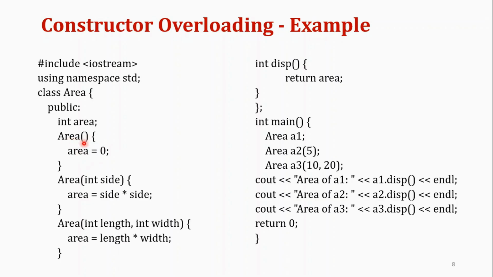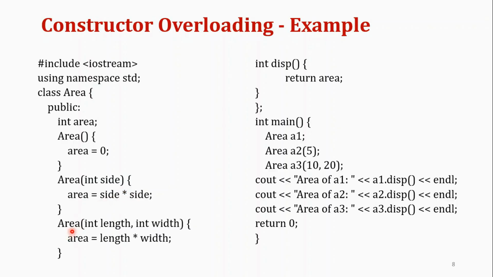The second function is a parameterized constructor having only one parameter. That parameter is used in area equal to side into side. So this function gets the parameter, multiplies side into side, and gives it to this area member data, initially 0. So this parameterized constructor calculates the area of the square.